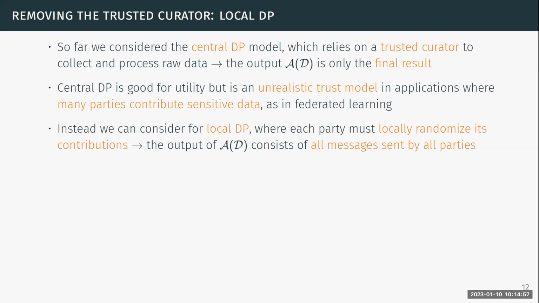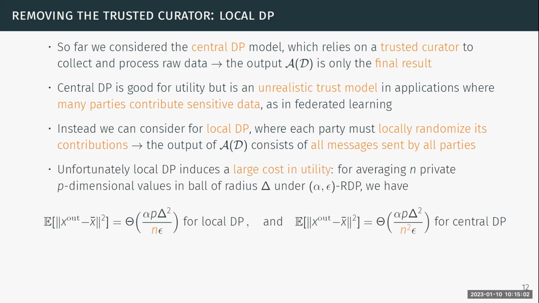And so, like Sonia guessed, this will be bad in terms of utility. The cost of privacy will become bigger because I need to protect more things now: not only the final result, but also all intermediate quantities exchanged during the algorithm.